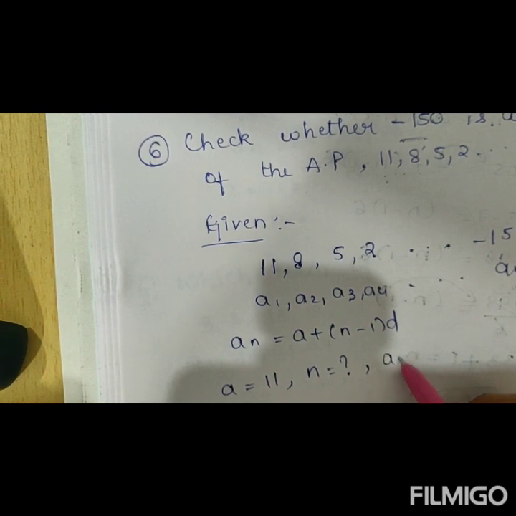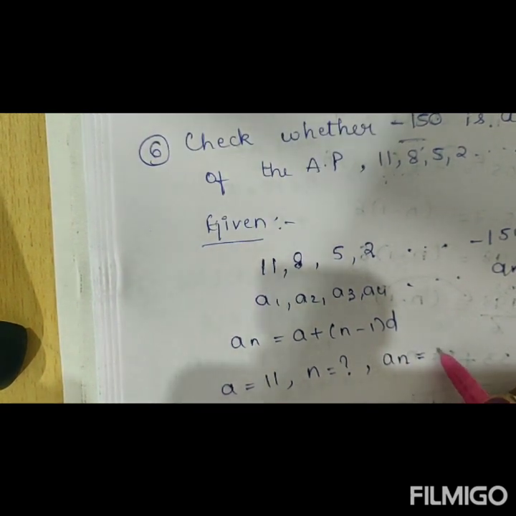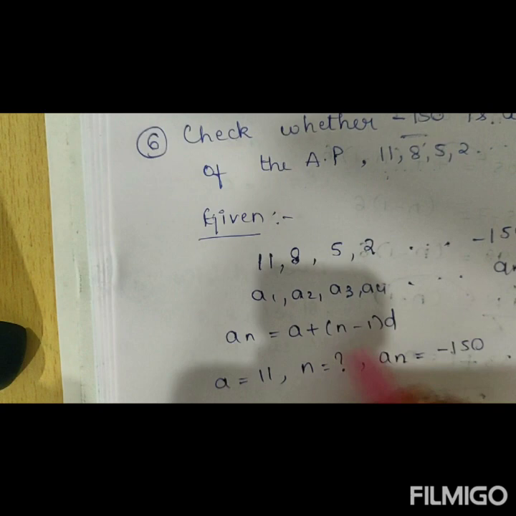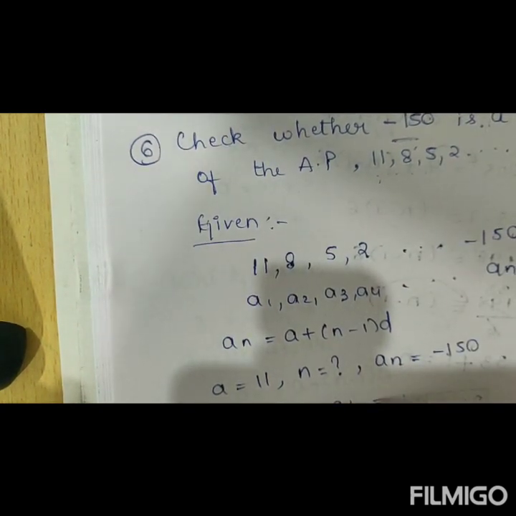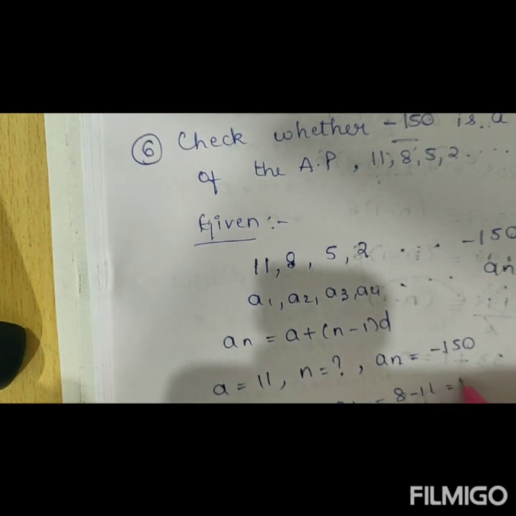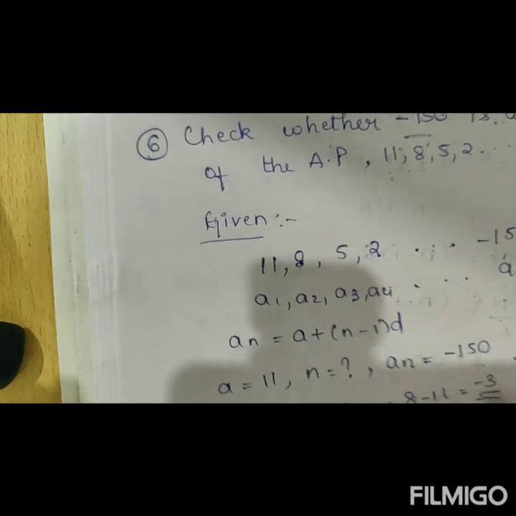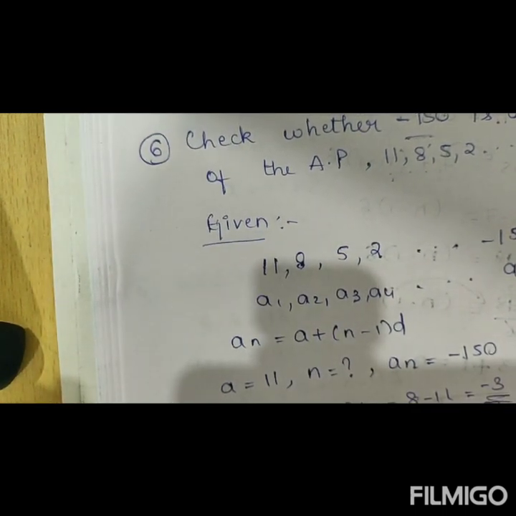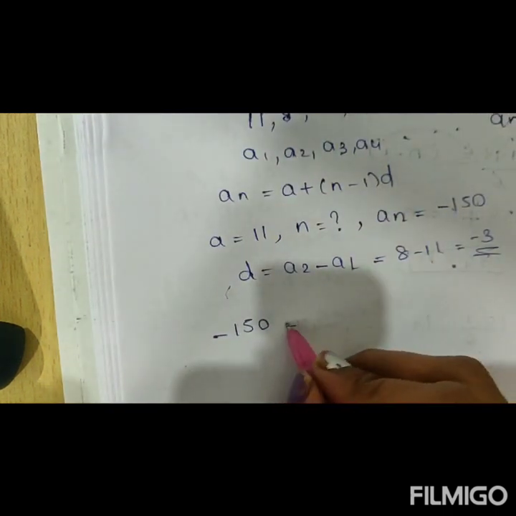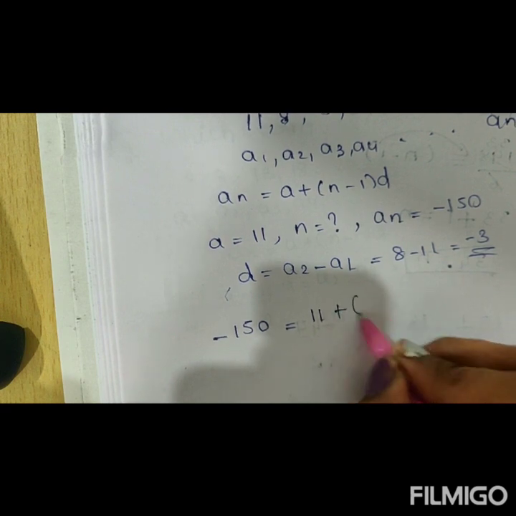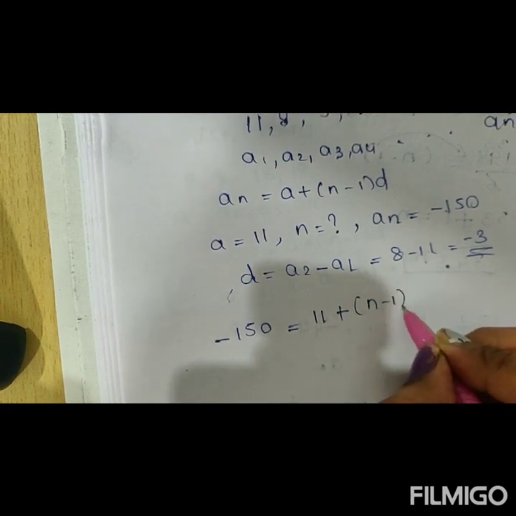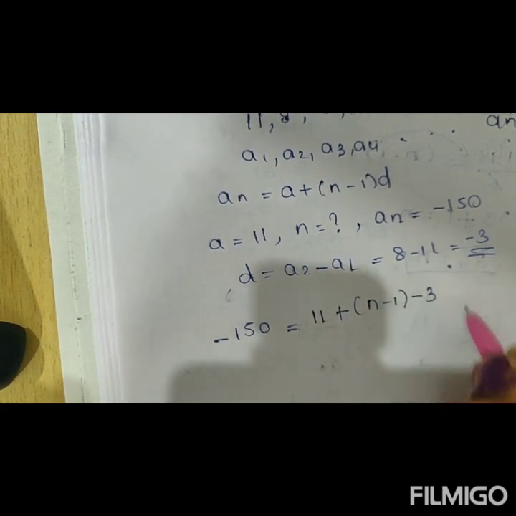So what is AN? It's minus 150. So what is D? A2 minus A1. So 8 minus 11, that's minus 3. Substituting this value, minus 150 is equal to A, which is 11, plus N minus 1 into D, that's minus 3.